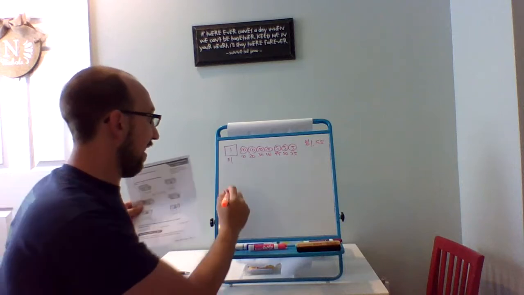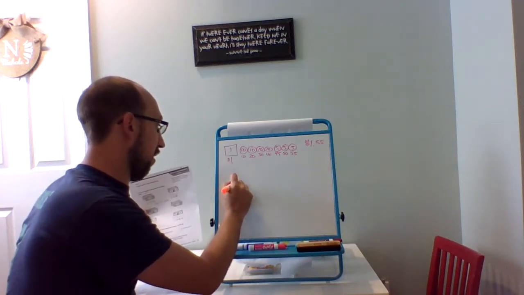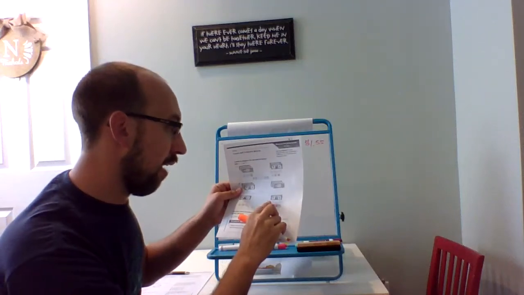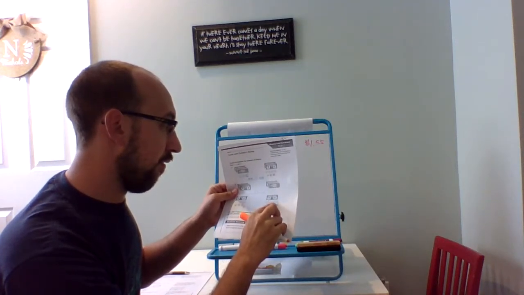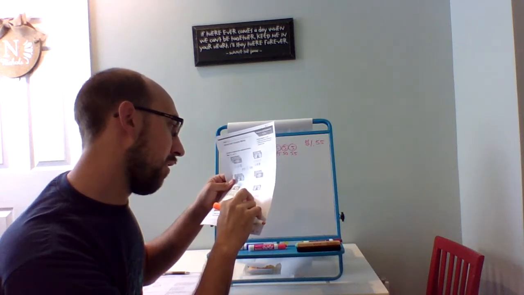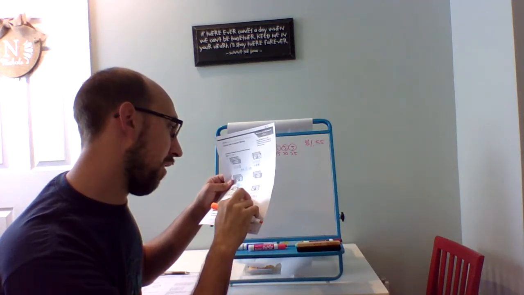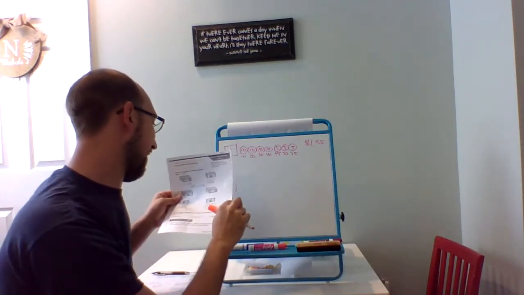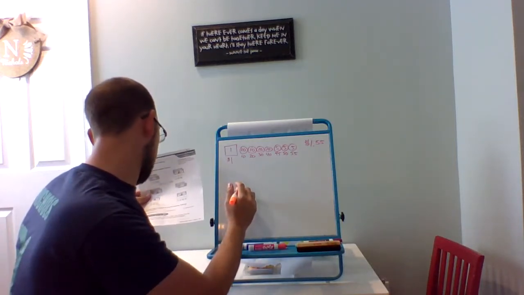But again, it starts out with that dollar bill, so I'm going to draw my 1, and then I have, these are dimes, so 1, 2, 3, 4, 5, 6. I know they're hard to see. I think it's a tail side of a dime.